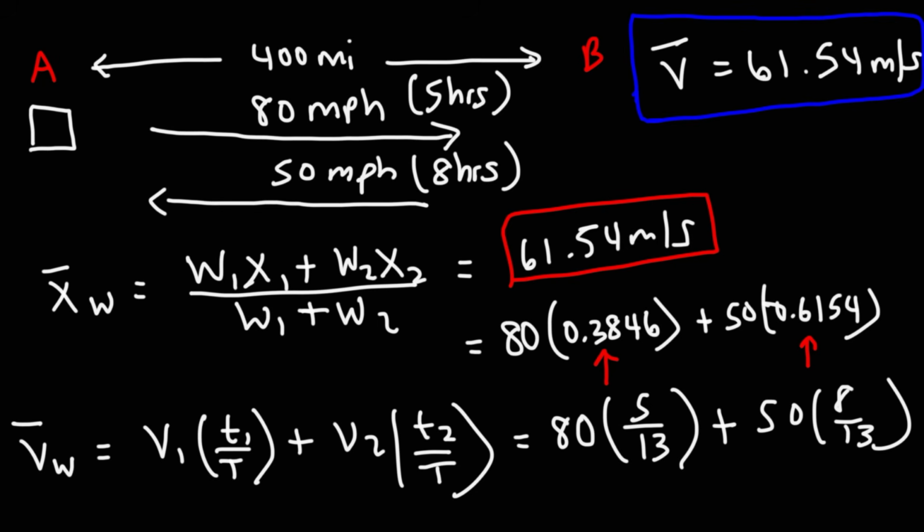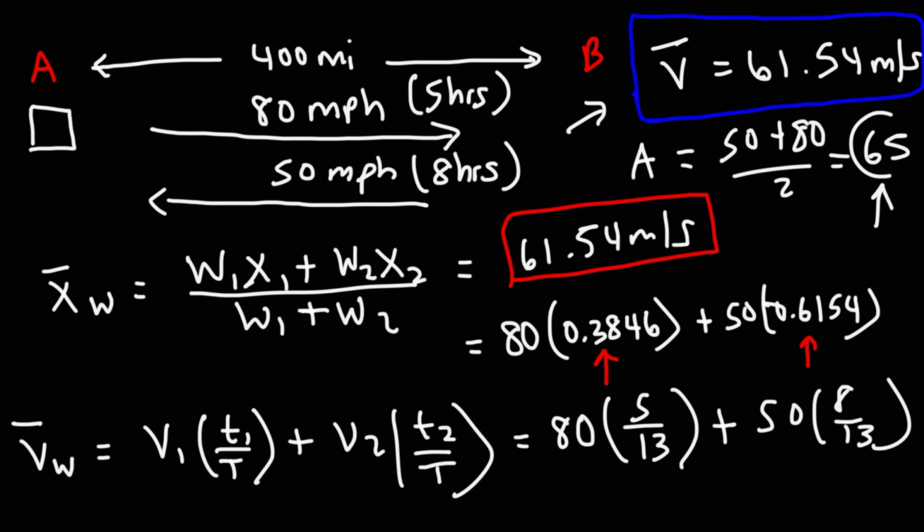If we were to take the arithmetic mean of 50 and 80, this would be 65. But notice that the average speed is lower than the arithmetic mean. Why is that? Why is the average lower than the arithmetic mean? The average being 61.5, the arithmetic mean being 65.